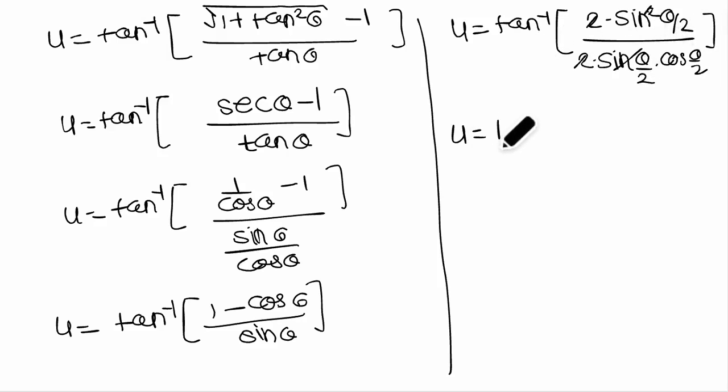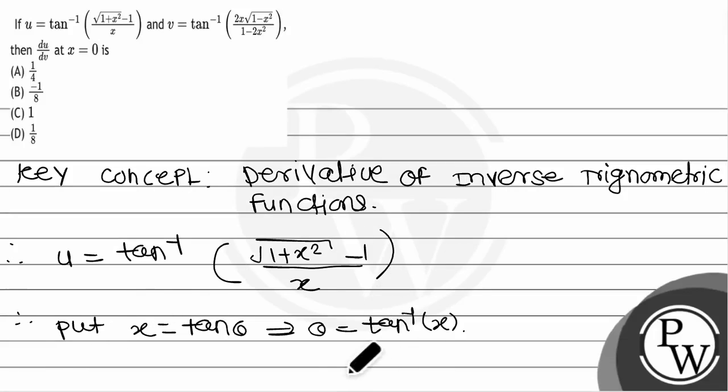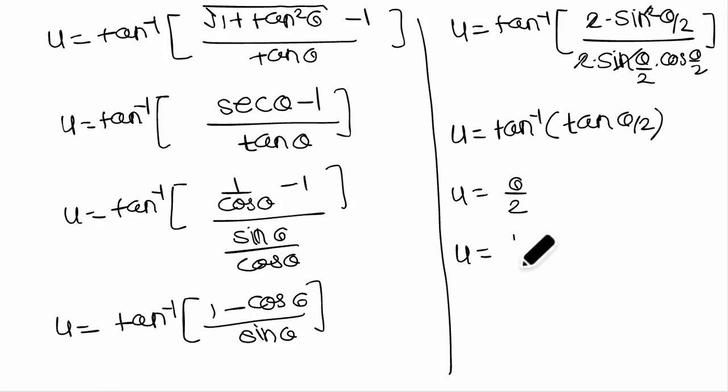Finally u equals tan inverse of tan of theta by 2. So tan inverse of tan will be theta by 2 only. But we know the value of theta from this equation: theta equals tan inverse of x. So substitute here: tan inverse of x, whole divided by 2.